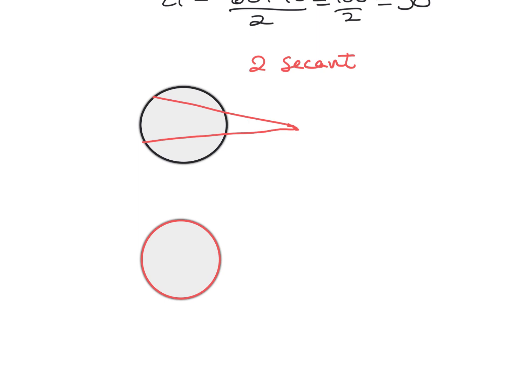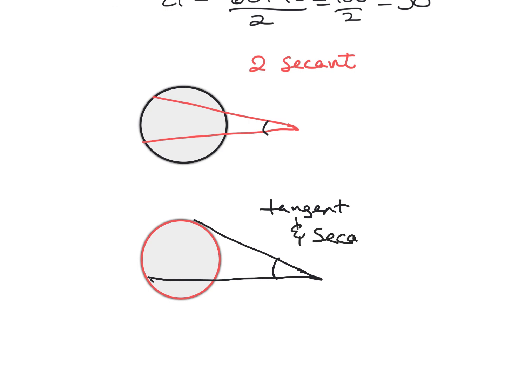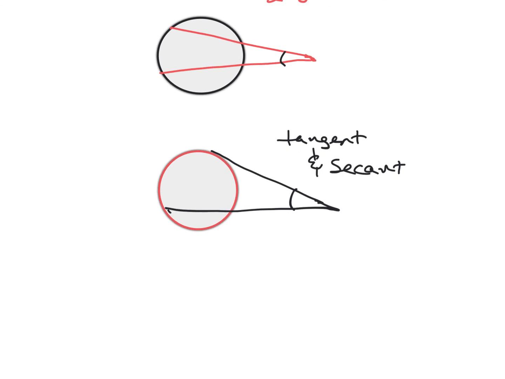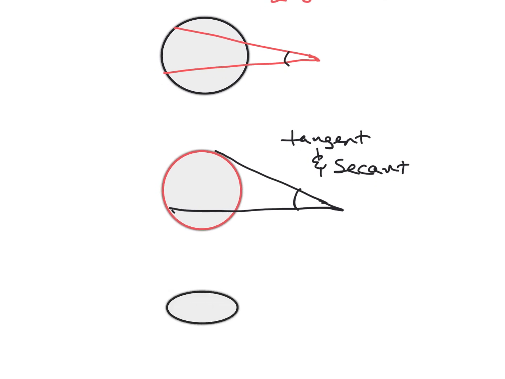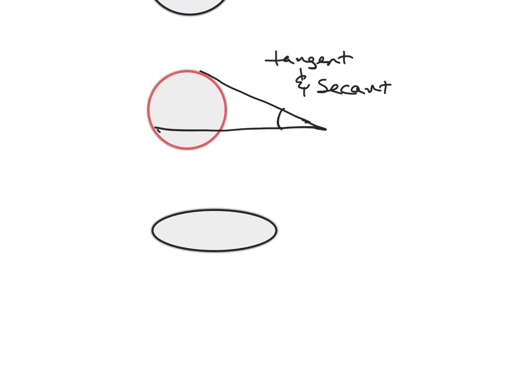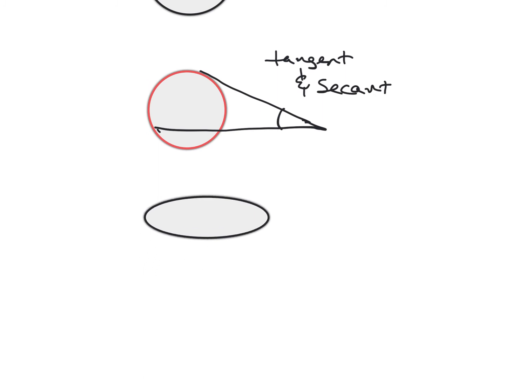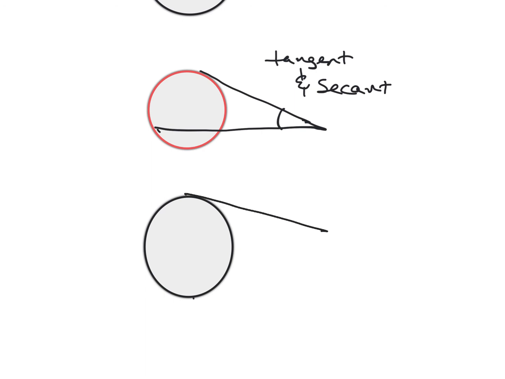So if I draw a tangent and a secant, again, that's forming an outside angle here. And then the last one was 2 tangents. Let me draw that circle. So 2 tangents. It's like the ice cream cone.